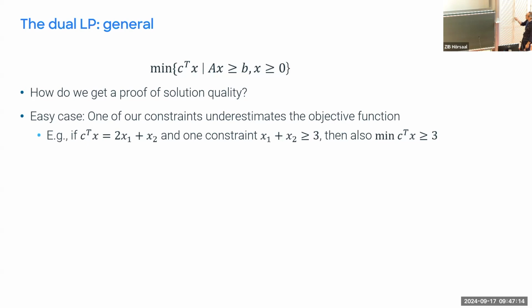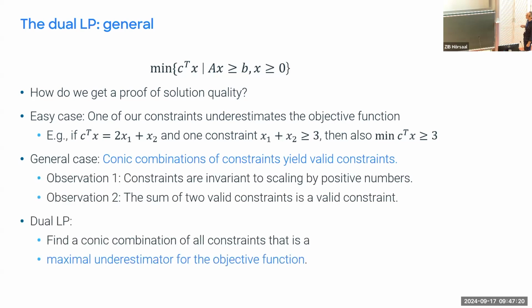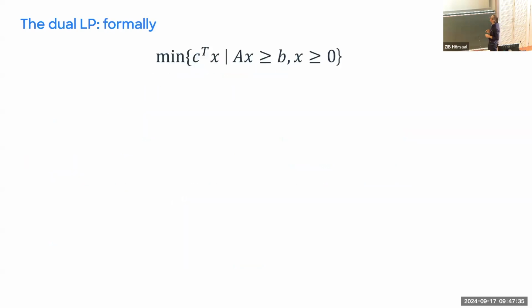But of course, in general, that will not work. We need these conic combinations of our constraints. They give, again, valid constraints because it's just scaling by positive numbers and summing up valid inequalities. So the dual LP is to find this conic combination such that we receive a maximal underestimator for the objective function.